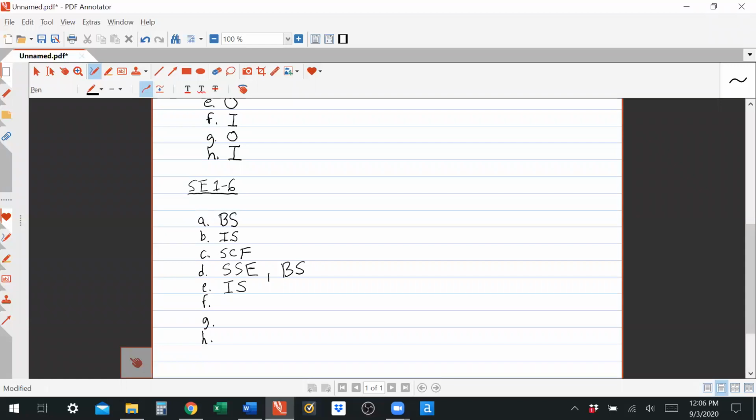Income statement lists all the revenues, then the expenses, and then the difference between the total revenues and the total expenses. If the difference is positive, we call it net income. If it's negative, we call it net loss. All right, let's continue.